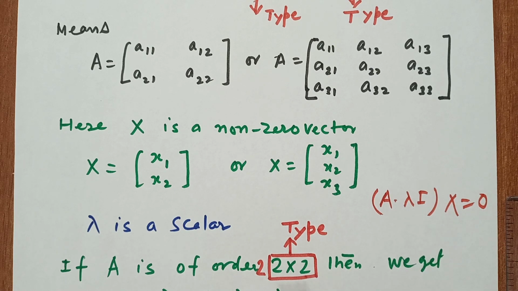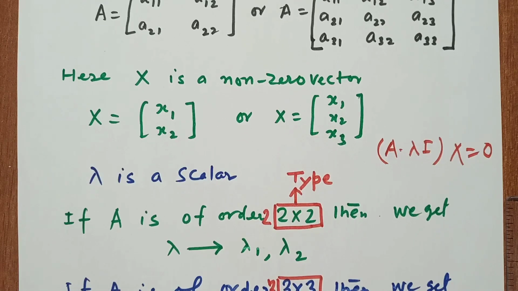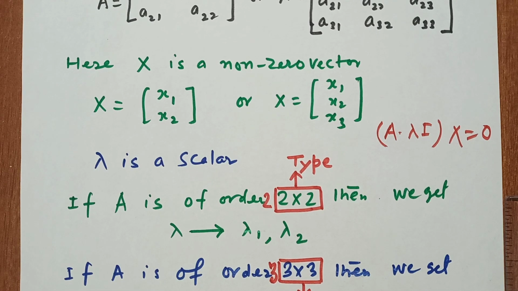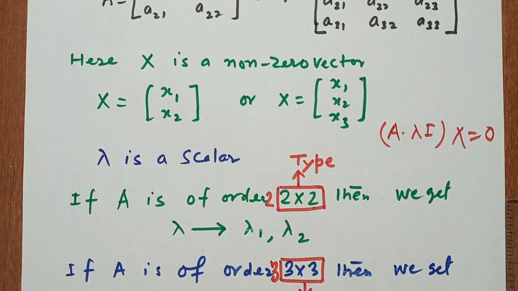So here, if A is of order 2, then the scalar lambda has 2 values, lambda 1 and lambda 2. And similarly, if A is of type 3 by 3, that is, a square matrix of order 3, then lambda has 3 values, lambda 1, lambda 2 and lambda 3.